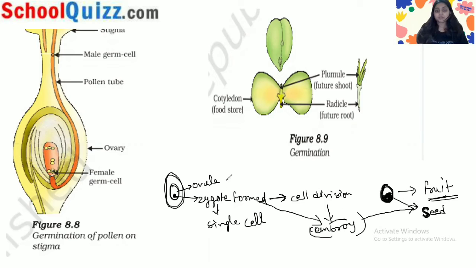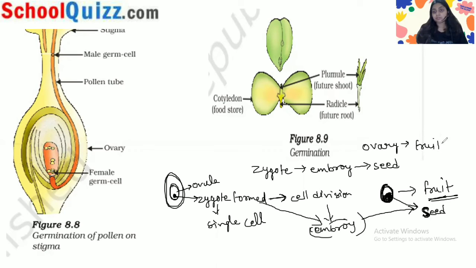So the zygote turns into an embryo when it grows more and cell division is happening, and this embryo turns into a seed, and the whole ovary turns into a fruit. So you can see in a fruit you have seeds. So the seed is the successor of the embryo and the embryo is the successor of the zygote.